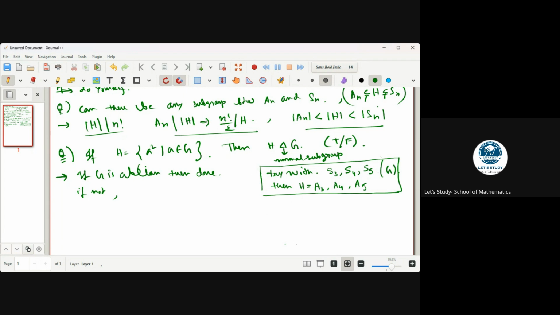What will you find for the dihedral group D8? There are a total of 5 elements of order 2 in D8.